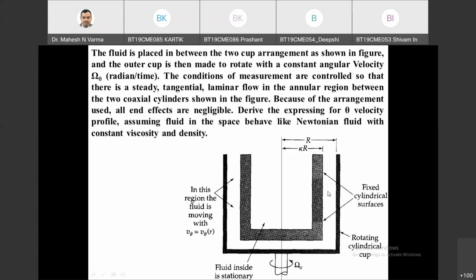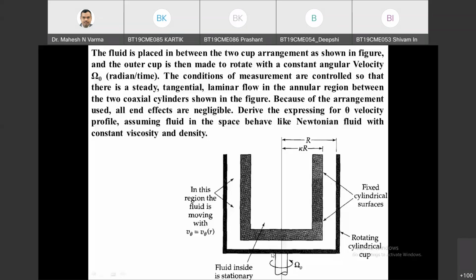Okay. Here the cup arrangement is shown. Two cup arrangement. So this is the outer cup. Can you see my arrow? Deepshikha? Yes, sir. Okay, so you can see my arrow now properly. So this is the outer cup. Even though this looks rectangular in the figure, you can assume that if a glass is placed in front of you and this is the front view of the glass, it will be just this line.